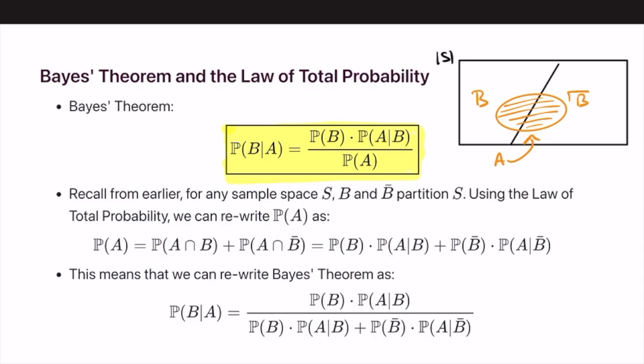Now, B and the complement of B make a partition of our sample space.